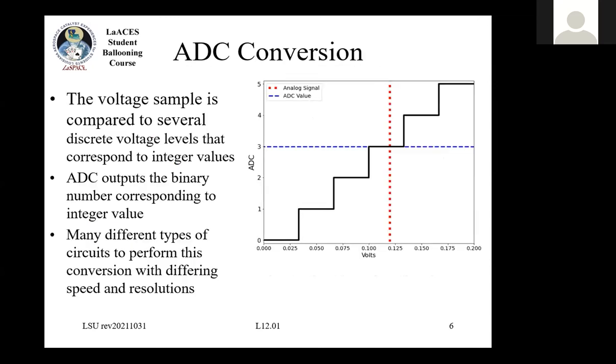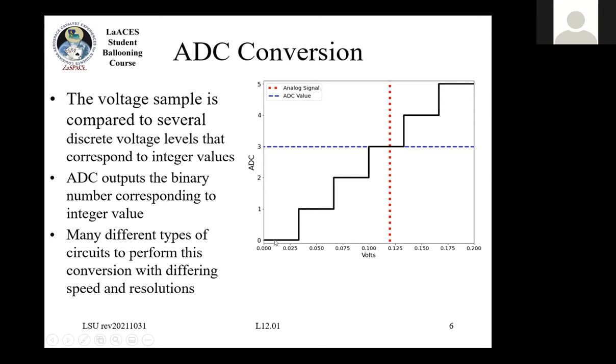So once we pick a particular voltage, we actually have to turn it into a digital number. And the way that you do this is that the voltage sample, right, that single value that may have any particular voltage number, is going to be compared to a bunch of discrete voltage steps, sort of like on this graph on the right.